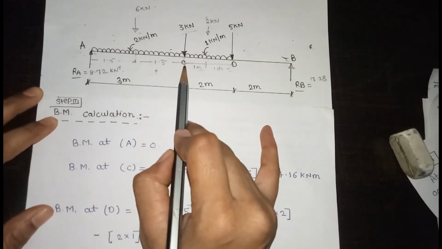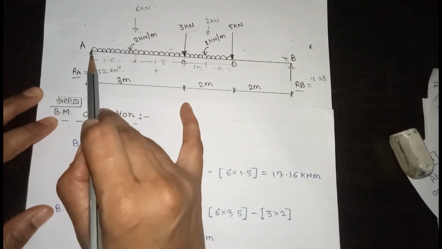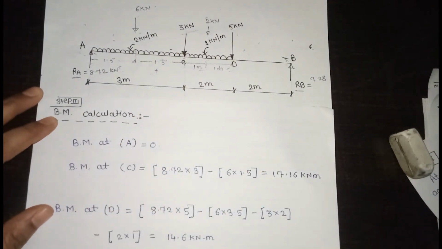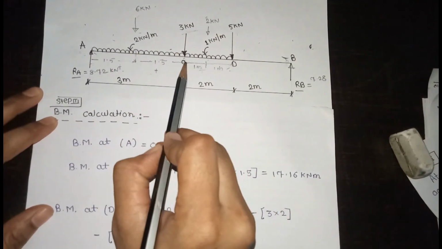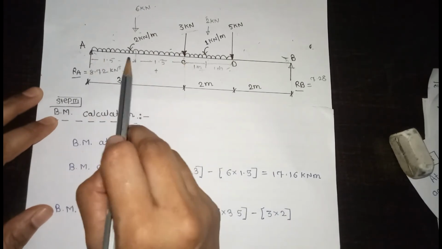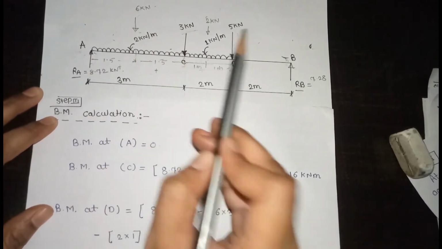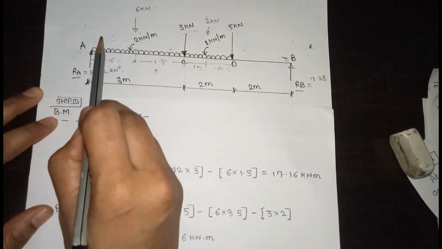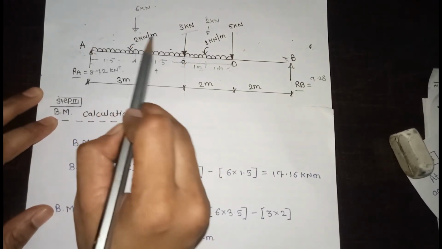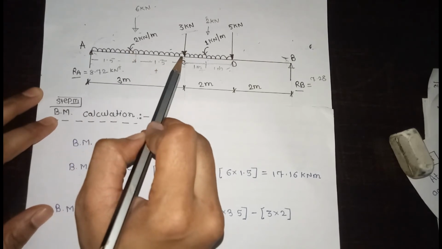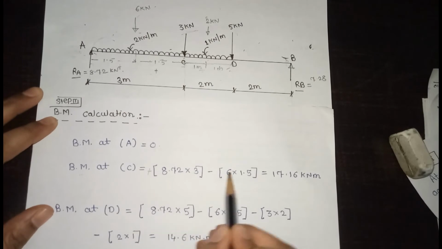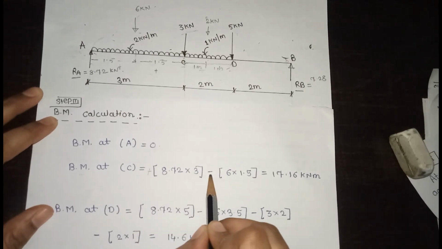So first of all, how many forces act in the left section from point C? Bending moment at C is equal to first force, this is clockwise, and second force, this is anti-clockwise. First force is clockwise means plus, anti-clockwise means minus.